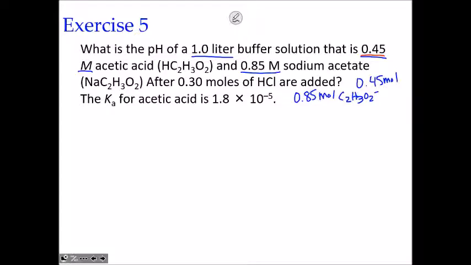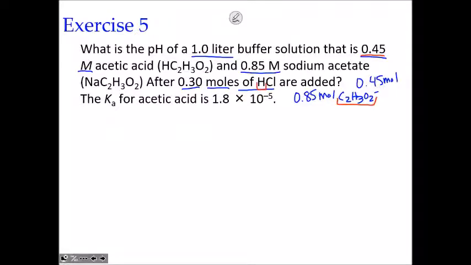So what we need to do here before we start plugging in everything is set up our reaction. We have our buffer and we're adding 0.3 moles of HCl. So which one's going to react with the HCl? Is it going to be the acid or the conjugate? Well, I think most of you can recognize the one that will react with the H part of the HCl is going to be your conjugate over here.